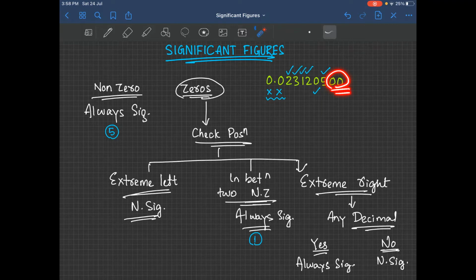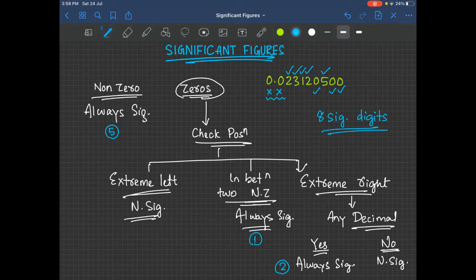Is there a decimal point in this number? Yes, we have one. So the 2 extreme right zeros are significant. So we have 5 plus 1 plus 2, which is 8 significant digits in this number.